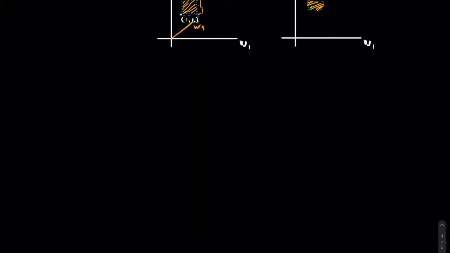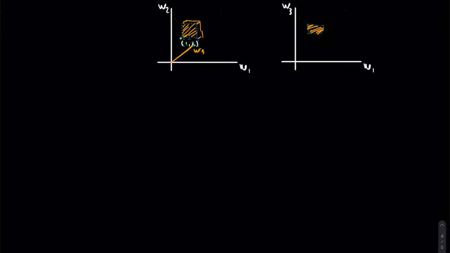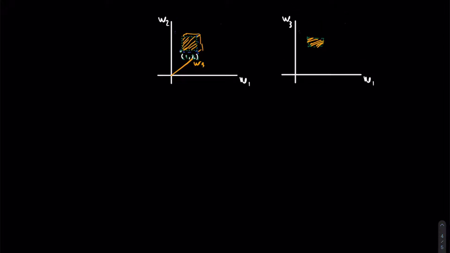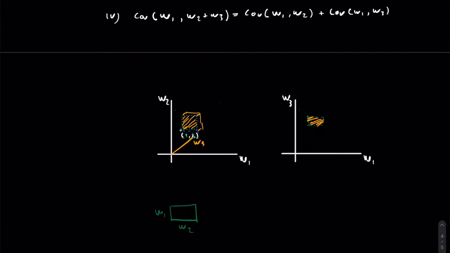Okay, and you can also view this as, this is one way to view this problem. Another way is that you have a square, which is W1 and W2, and then you randomly add another piece of the rectangle, W3 here, right?